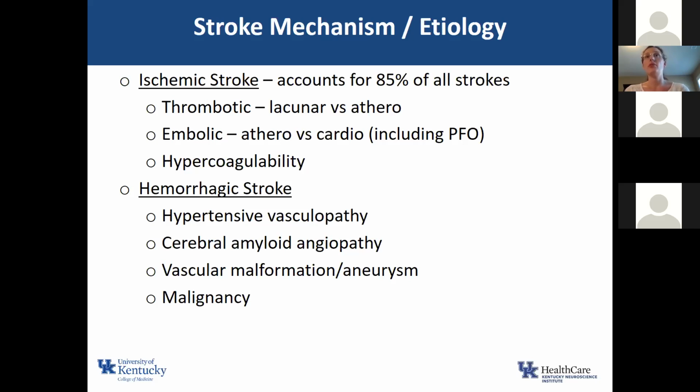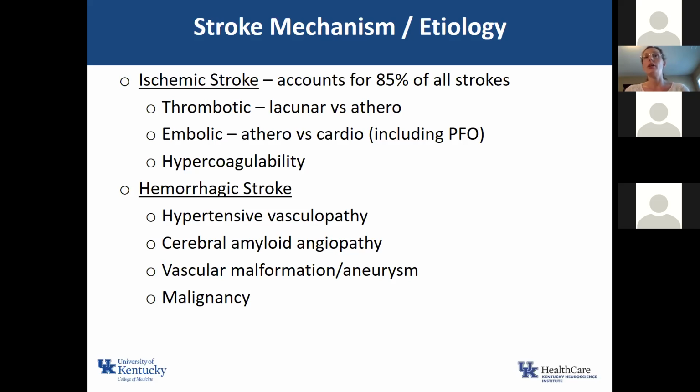And then you also have atherothrombotic. So there may be plaque rupture within the carotid or within an intracranial vessel with thrombus formation and then infarction from that. Embolic can be the same thing. So maybe you have plaque rupture in the carotid with embolization of that, either that plaque or maybe even that thrombus more distally into the brain.